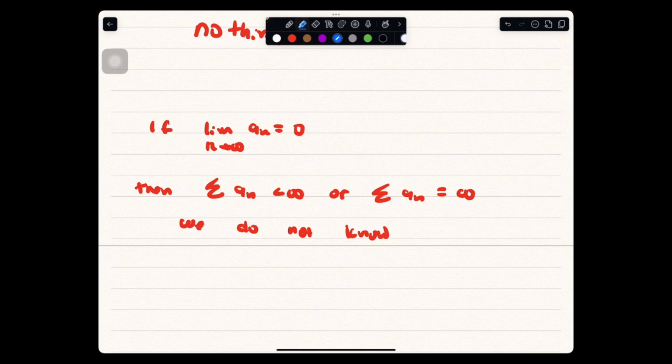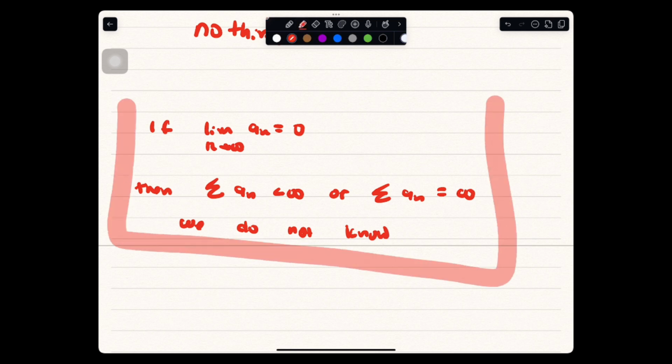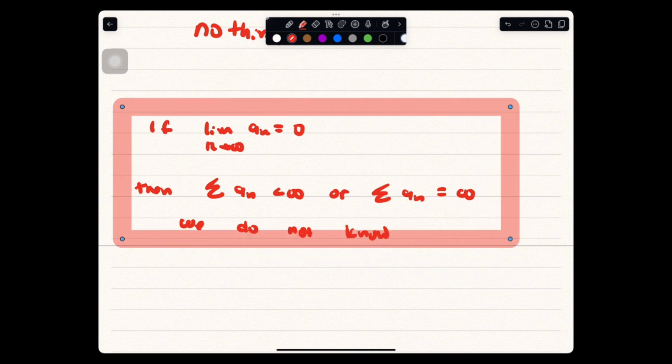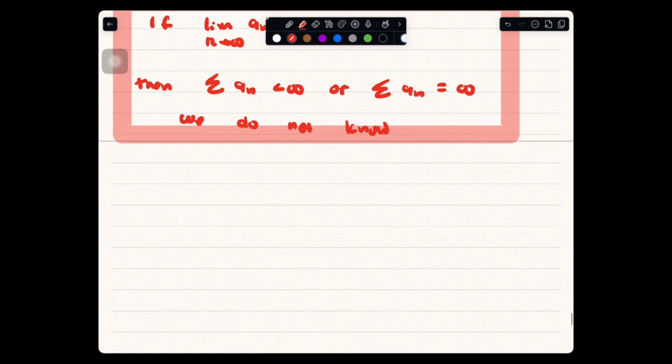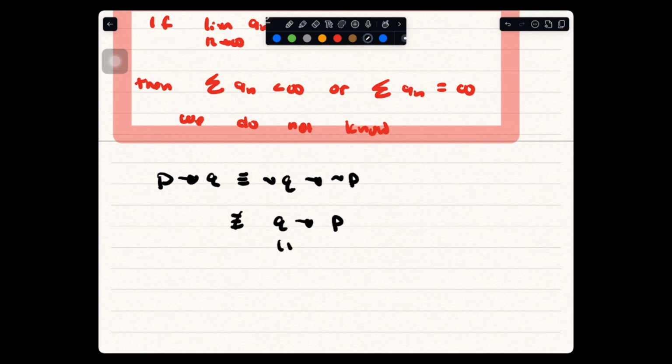What I mean by that is you're going to probably have to use some other test because there's no guarantee the series converges. It may, or it can diverge. We just don't know. So don't read that statement backwards. Okay? A conditional is equivalent to the contrapositive, but it is not equivalent to the inverse. This is called the inverse of a conditional. All right, you guys okay with that?